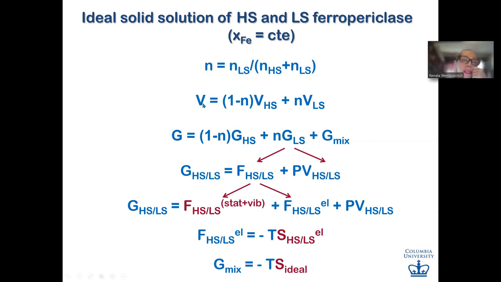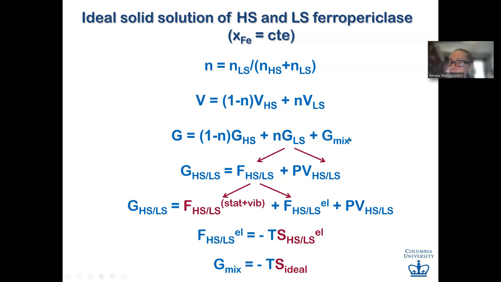If that is the case, then the volume is a weighted average of the volumes of the end members, right? n is the volume fraction of low spin ferropericlase. If the solution is ideal, the free energy is also a weighted average of the end members, and then we have the mixing entropy of the two end members.